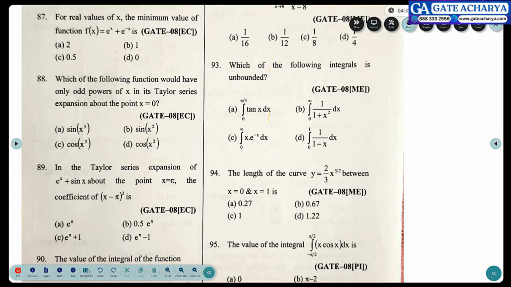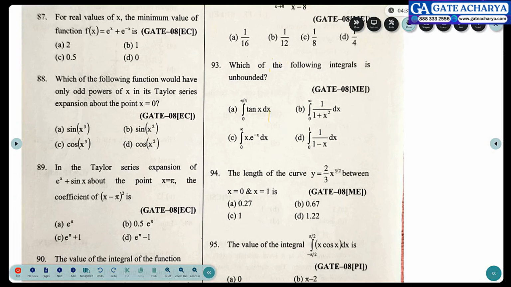Let's start with 88 first. Which of the following functions would have only odd powers of x in its Taylor series?